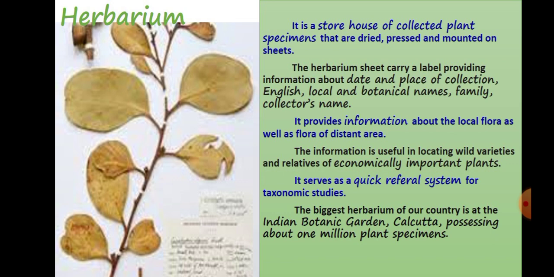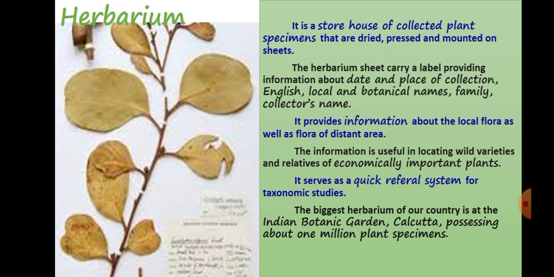See students, in this slide you are going to see one dried specimen of a plant, and below that you can see the description. In this label you can see the description about the plant: from which place it is collected, when it is collected, collector's name, its botanical name, local name.